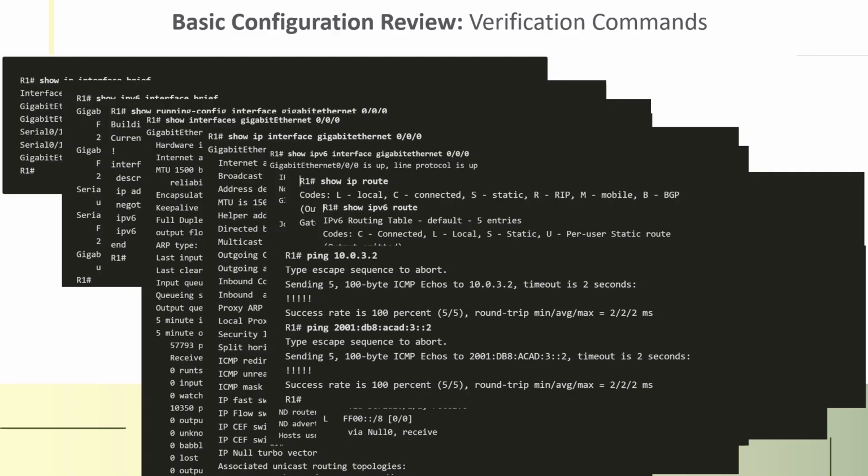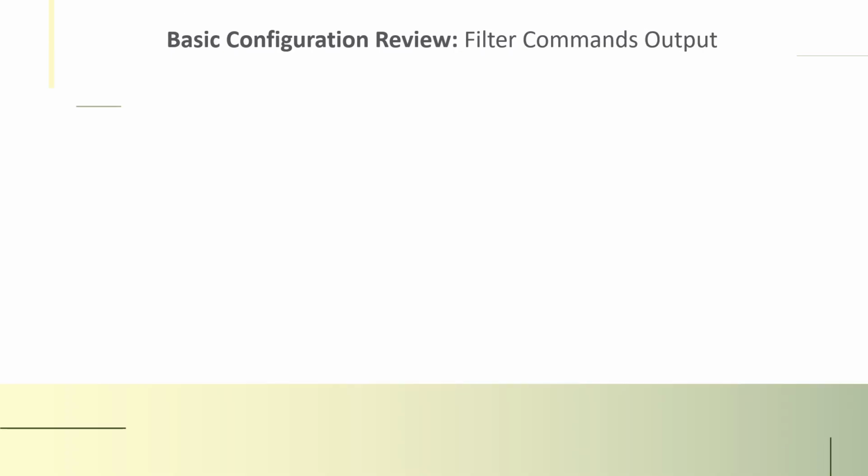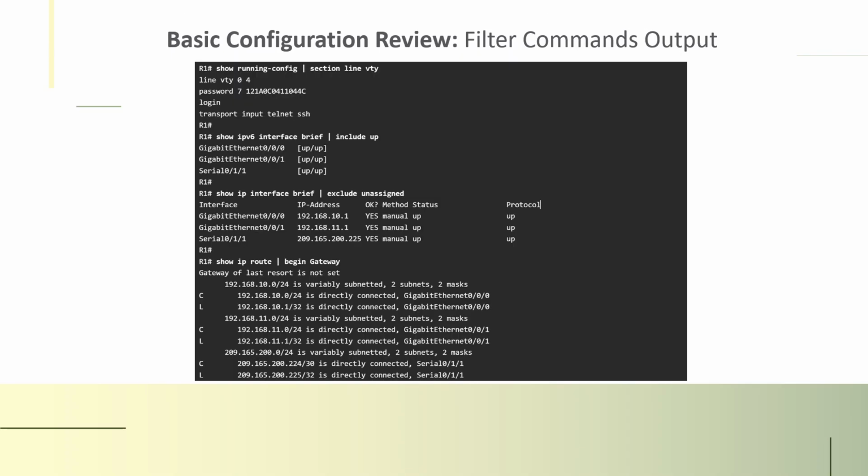To enable the filtering command, we enter a pipe character after the show command, and then enter a filtering parameter and a filtering expression. The filtering parameter that can be configured after the pipe must be section. In this case, we are using section line vty.